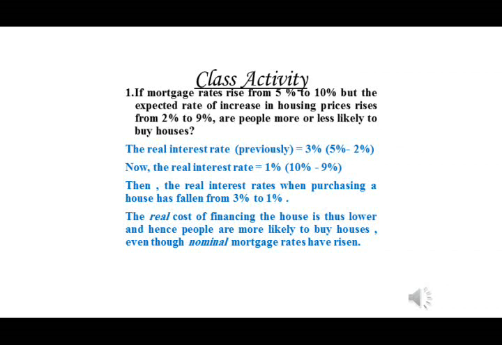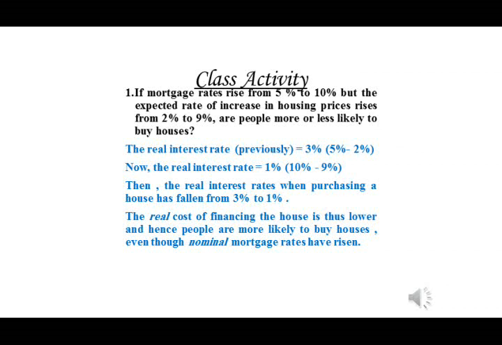If mortgage rates rise from 5% to 10%, but the expected rate of increase in housing prices rises from 2% to 9%, are people more or less likely to buy houses? Here we have to calculate the real interest rate. The real interest rate previously was equal to 3%. It is the difference between 5% and 2%.